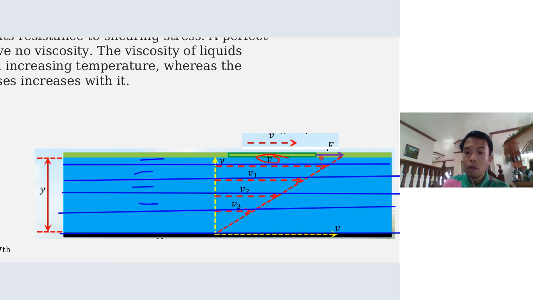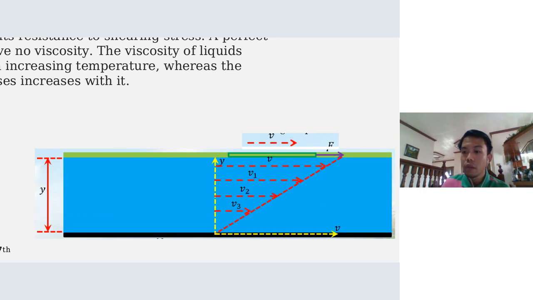Now, we have what we call shearing stress. So, when we say shearing stress, it's the stress caused by forces in parallel.